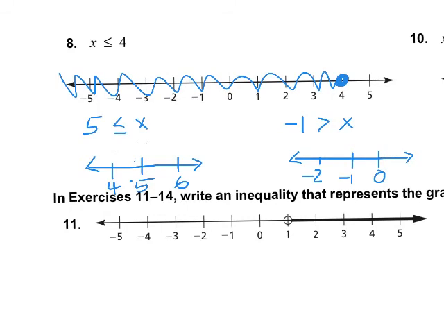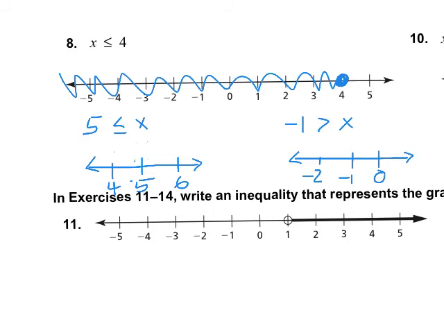Okay, what's tricky about this problem? These 2 problems. Yeah, the x is on the other side, right? So remember, I told you guys in the beginning, it does matter what the sign is, but it also matters where your stuff is.